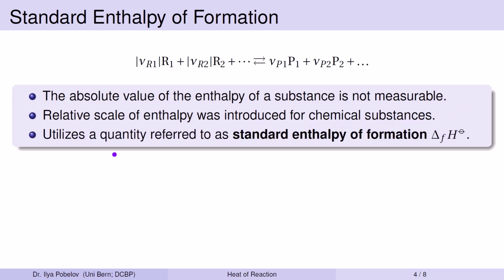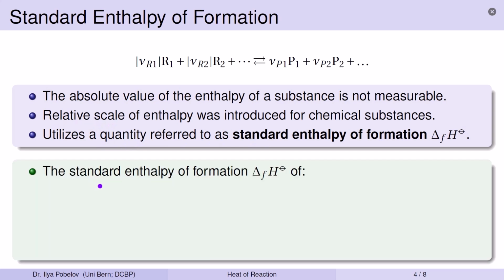This scale utilizes a physical quantity we refer to as the enthalpy of formation. Specifically, we will focus on the standard enthalpy of formation, represented by the symbol delta FH standard. The reference state of this relative scale is defined as follows.